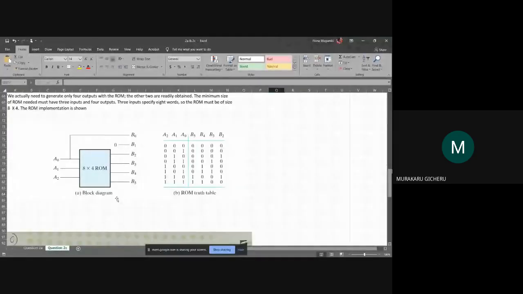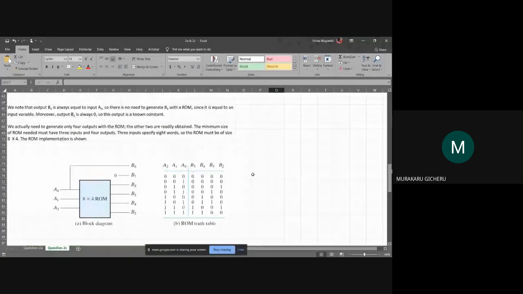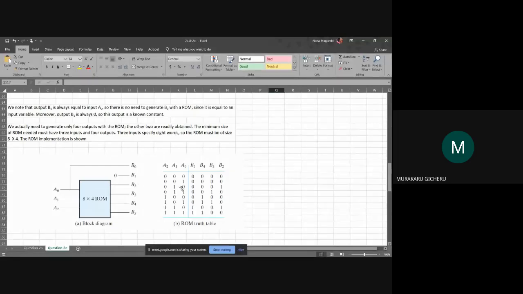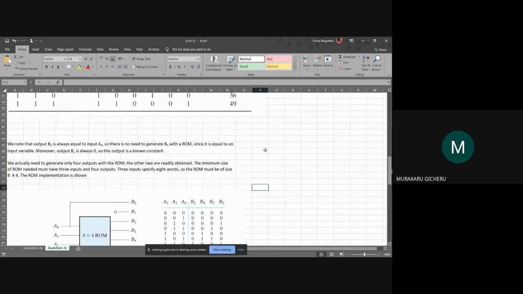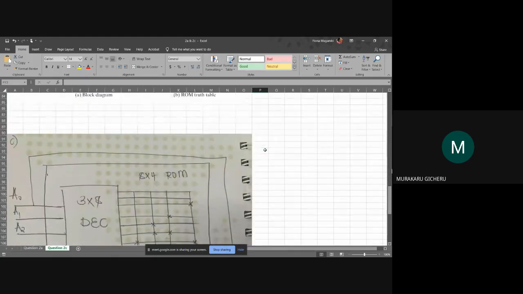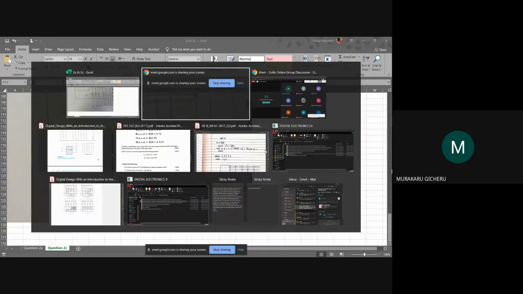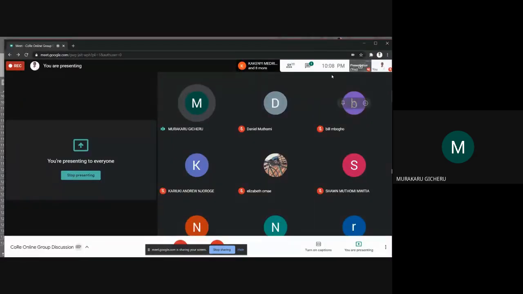B1 and B0 are not part of the ROM chip, because ultimately we have an 8x4 ROM, and B1 and B0 are not a part of it. I think you can ground it because ground logically is also equal to 0, but if you're going to ground it, you will ground it separately from the ROM itself. And Andrew, I've sent the book to the Telegram group.